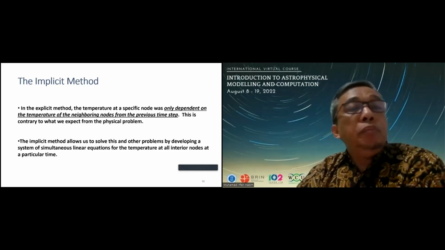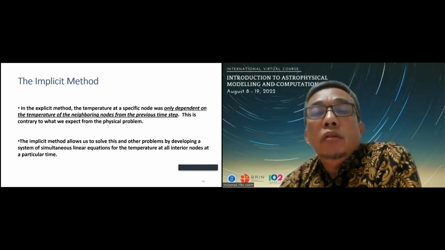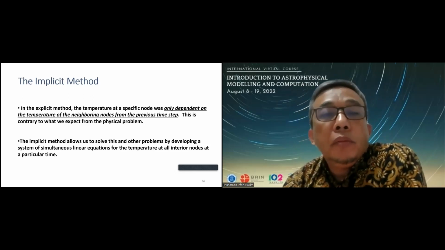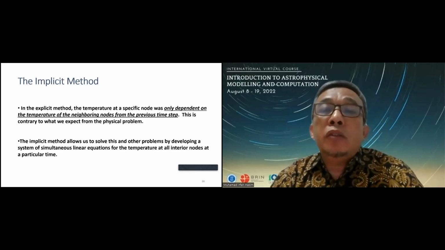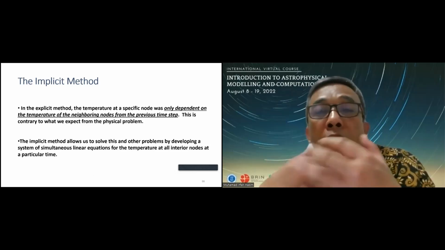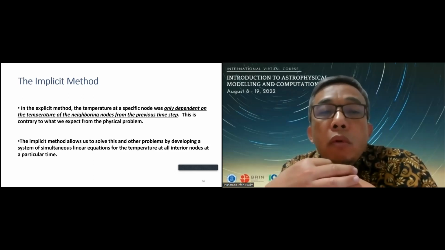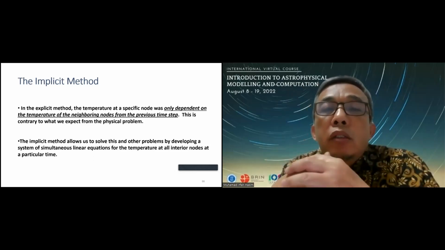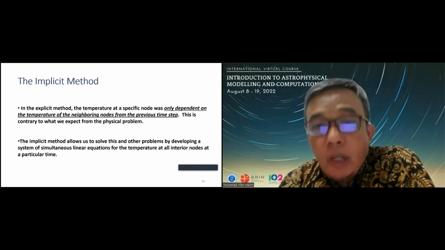There is another method to compute the value of temperature at a specific node by time evolution using another node and another temporal node.